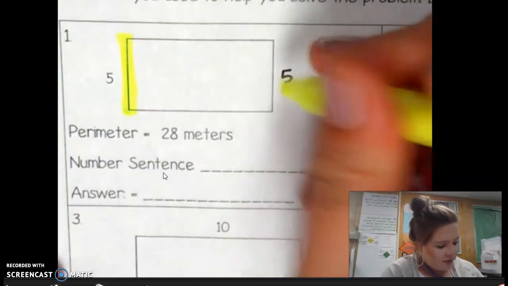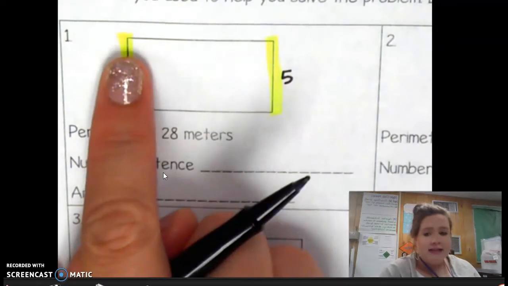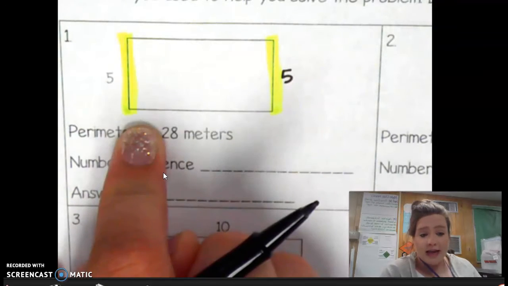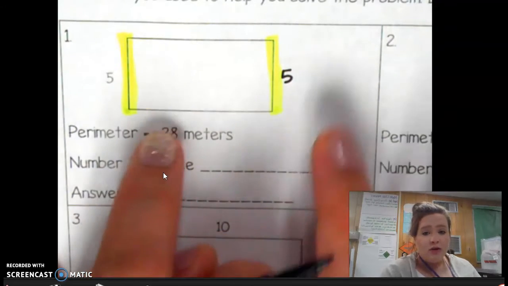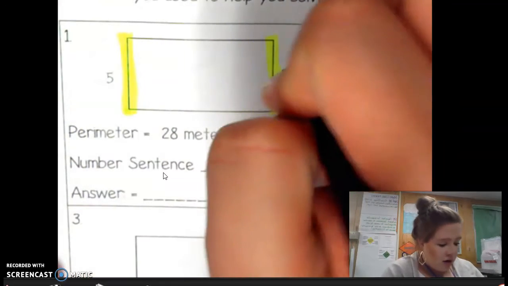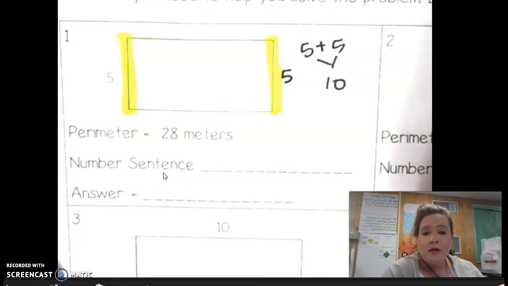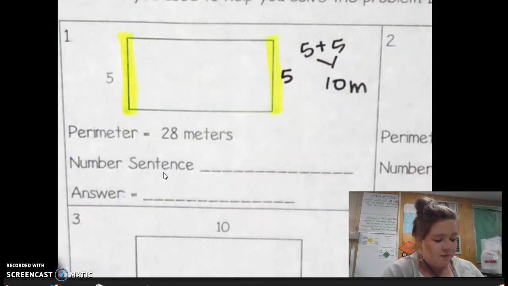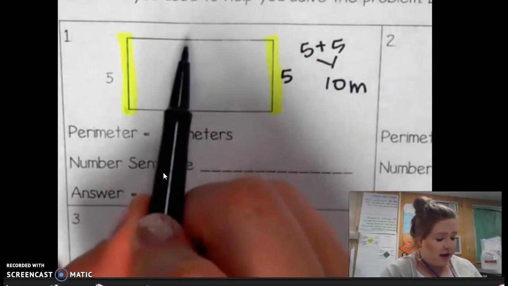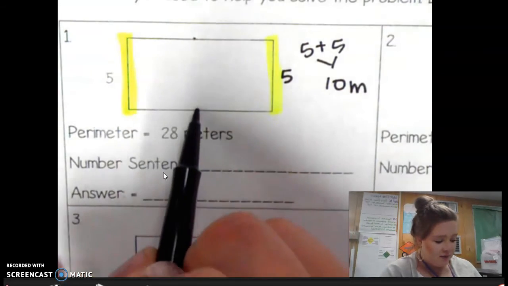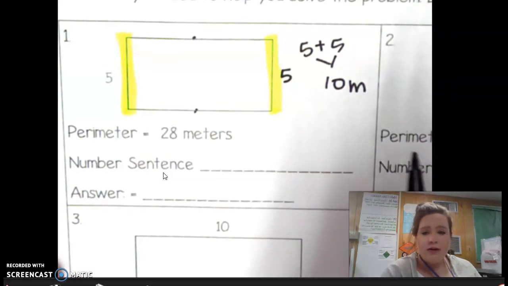Good. So I know that the distance around my whole figure is 28 meters, but I only know 2 side lengths. The 2 side lengths that I know are 5 plus 5, which equals 10 meters. Okay. I need to find what these 2 side lengths are. How am I going to do that?